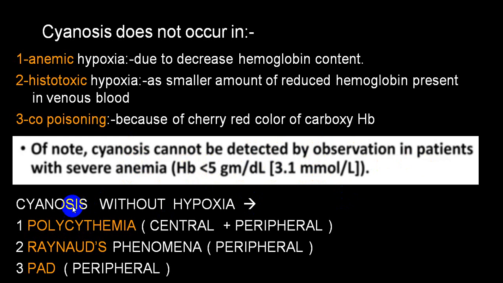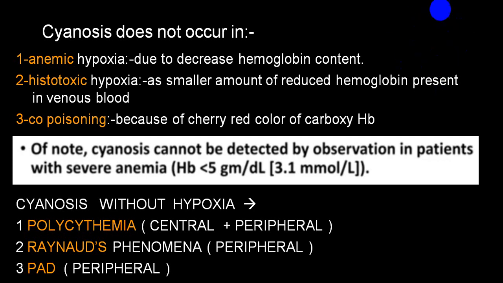While a person can develop cyanosis without hypoxia, meaning in this group of people, in arterial blood, hemoglobin is fully oxygenated, like polycythemia, where you will have excess hemoglobin, say 24 gram, out of which say 5, 6, 7 gram is deoxy, and 17 gram is completely oxygenated, hence there is no hypoxia.